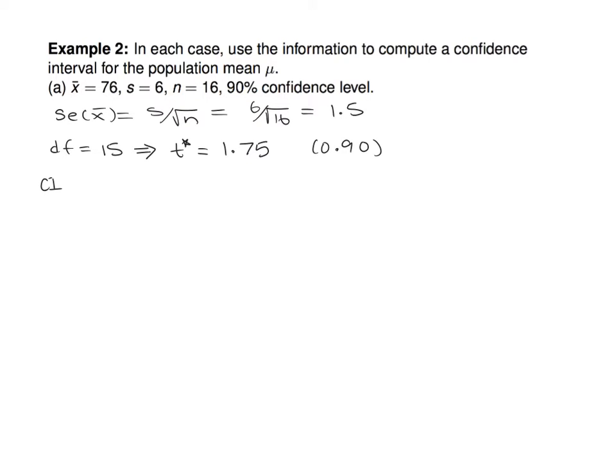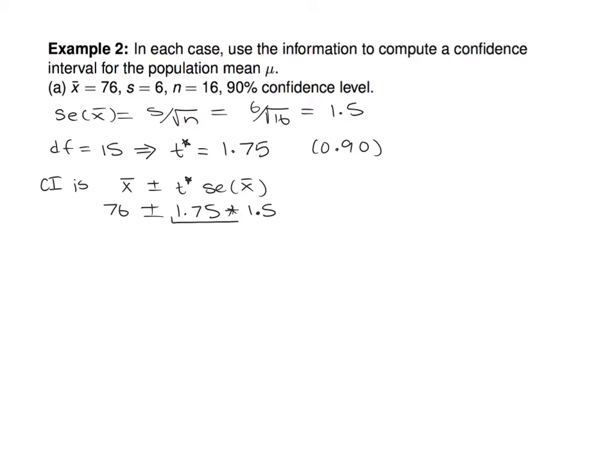So then our confidence interval is x bar, which is our sample statistic, plus or minus T-star times the standard error of x bar. So x bar is 76, plus or minus T-star, which is 1.75, times the standard error of x bar, which was 1.5.